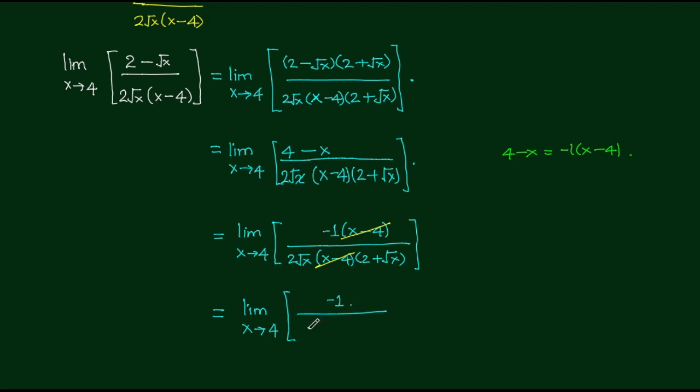So we have 2 root x multiplied by 2 plus root x.